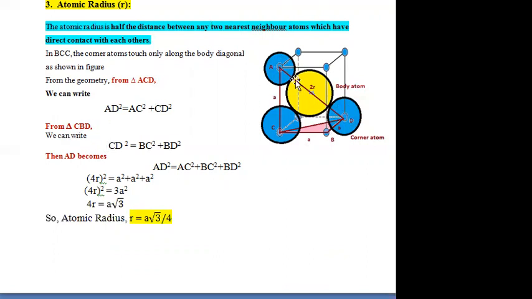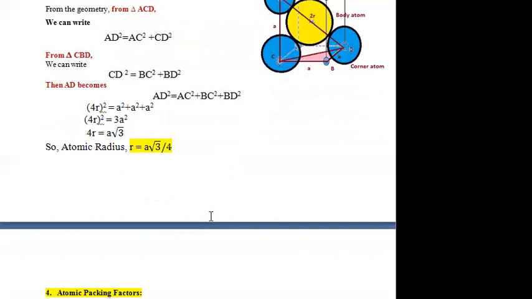From these triangles, we obtain 4R the whole square is equal to A square plus A square plus A square. So 4R the whole square is equal to 3A square. Therefore, 4R is equal to A root 3, and from this, R is equal to A root 3 by 4.